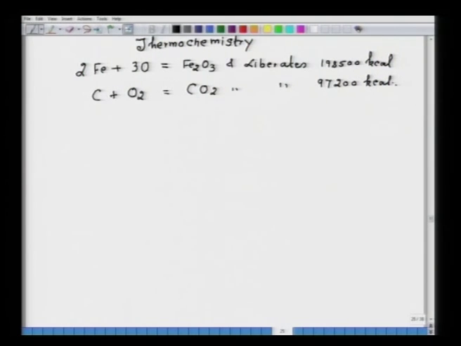Now, these heat effects are very important when you want to analyze the energy balance of a process, because you must know what reactions are producing heat, and how to calculate the heat of the reaction from a temperature of T1 to a temperature of T2.